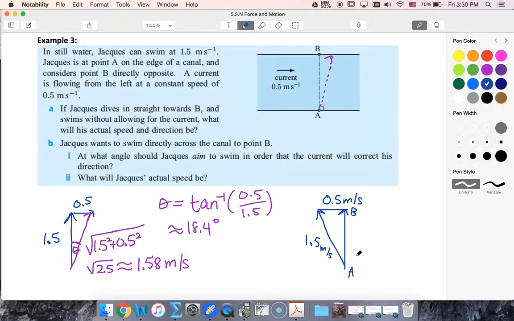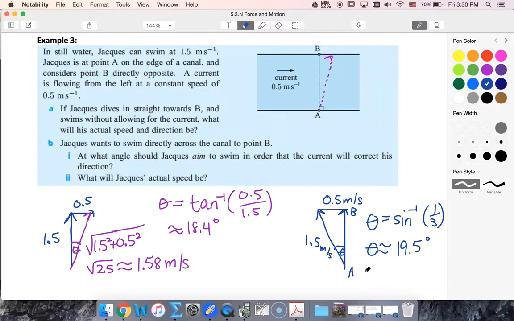So now we want to think about what angle he needs to go at. So in this case, we can use sine, and get that our angle should be approximately 19.5 degrees. And then his resulting speed I can find with Pythagorean theorem.